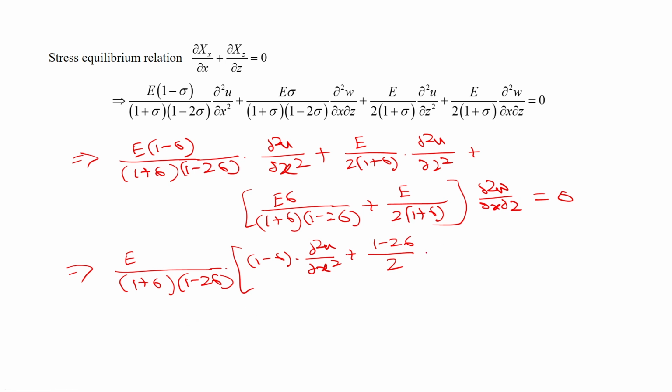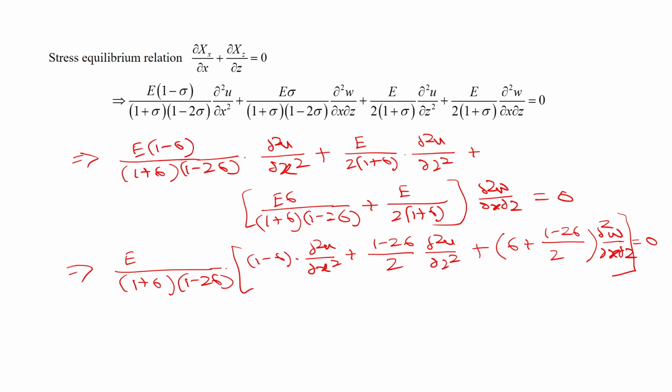This is del square u by del z square and then plus sigma plus 1 minus 2 sigma by 2, del square w by del x del z is equal to 0, bracket here.